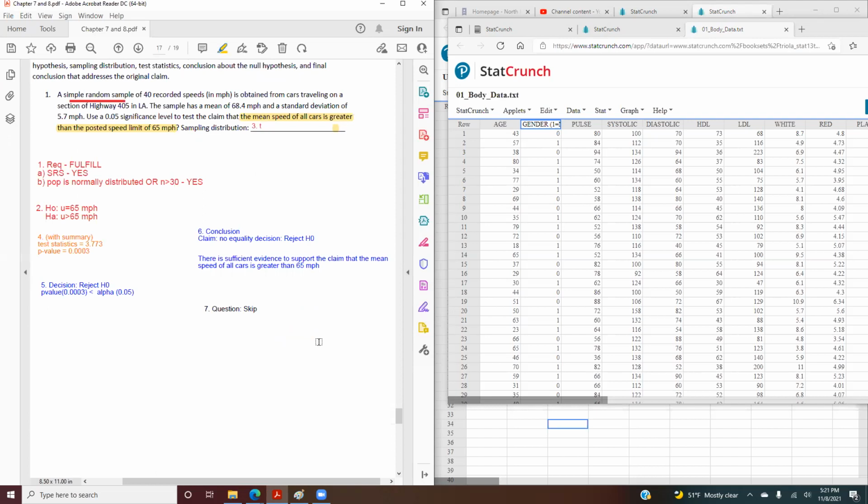Treat it like a test. The test question looks very similar to that. I want you to do the first 1, 2, and 3: requirement check, statements, and sampling distribution. Step 4, wait, we'll do it together.